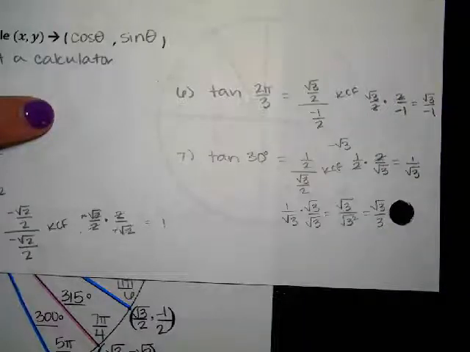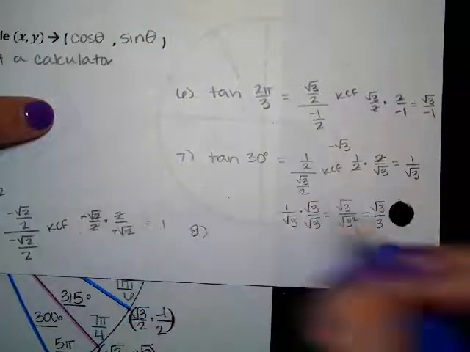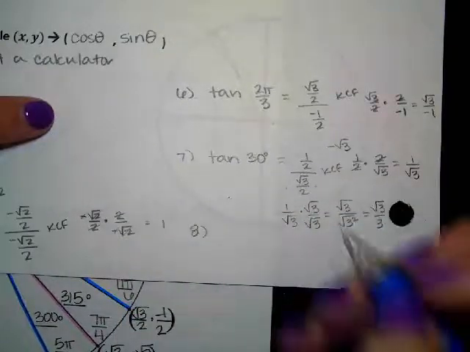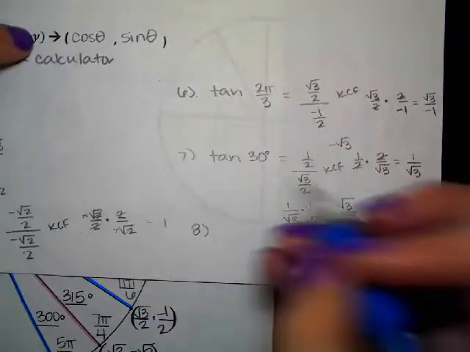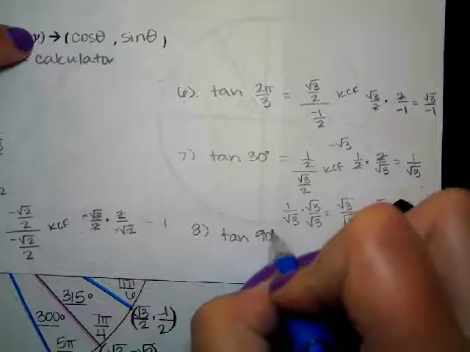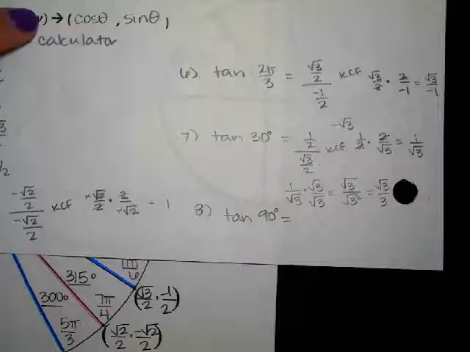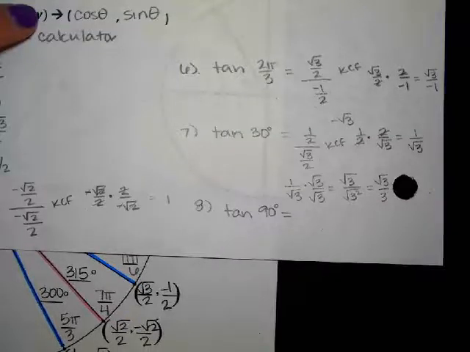Last tangent question that we're going to do, tangent of 90 degrees. Tangent of 90 degrees. What are we dividing? 1 over 0.